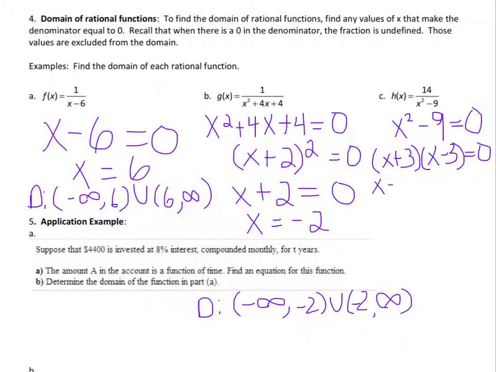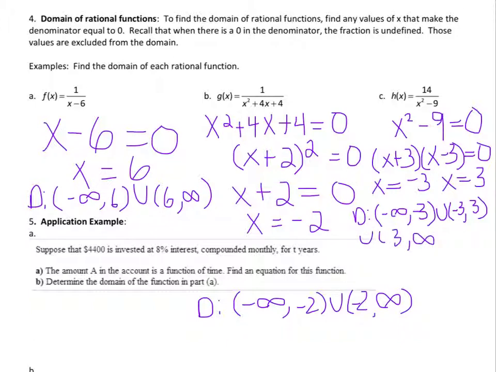And that gives you two solutions, -3 and +3. So this time our domain is going to be quite long, -infinity to -3, union, -3 to 3, union, 3 to infinity. Okay?